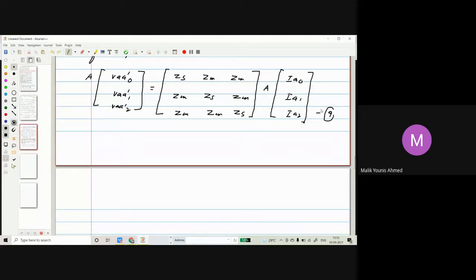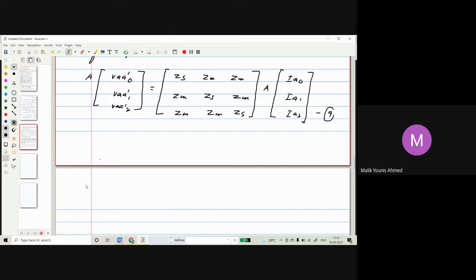Now let's try to solve this equation, because we need to multiply both sides by A inverse, so that any matrix multiplied by its inverse gives us the unit matrix. Unit matrix multiplied by any other matrix will be the value of that matrix, which I have already explained.